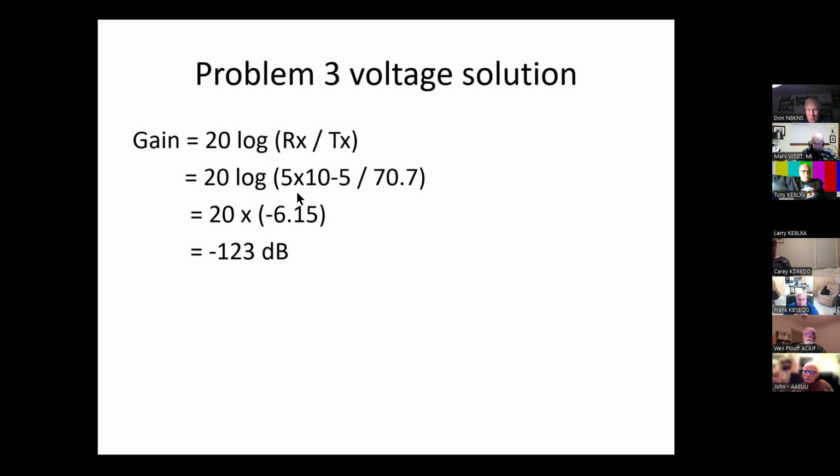So that's 20 times the log of 5 times 10 to the minus 5 divided by 70.7, which is about 7 times 10 to the minus 7th power, I guess. Yeah. And that logarithm is minus 6.15. Multiply that by 20, and again you get minus 123 dB.